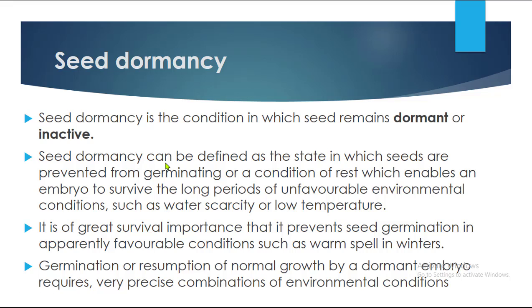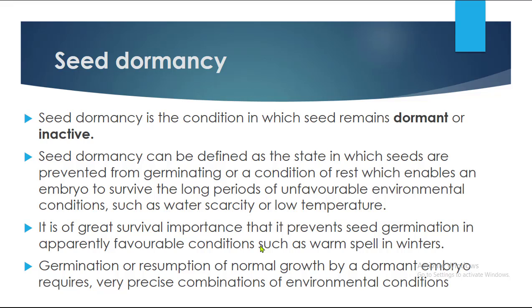See why the seeds remain dormant or inactive? Because there is a specific season or specific time of seed germination where the seeds germinate into a plant. So before that the seeds remain inactive, and it is of great survival importance that it prevents seed germination in apparently favorable conditions. Apparently favorable condition means, for example, a seed might get a temporarily favorable condition.